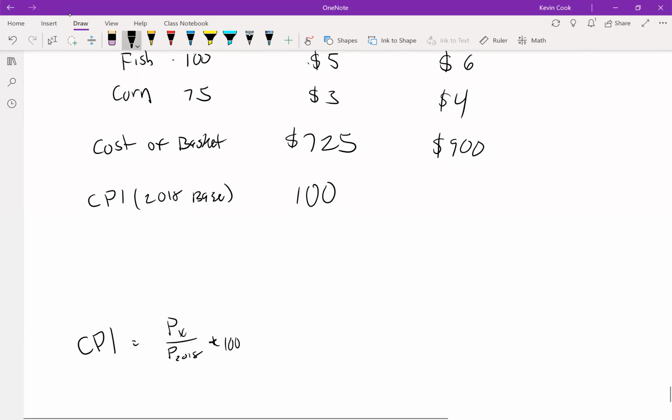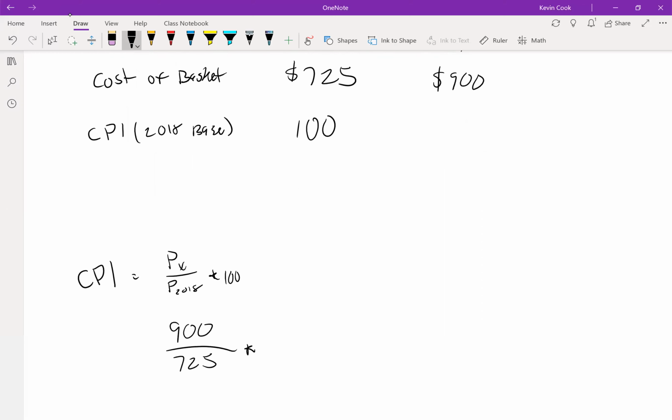Then for 2019, the price was 900 over 725, multiplied by 100. 900 divided by 725 is 1.241, times 100. This gives a CPI of 124.1.